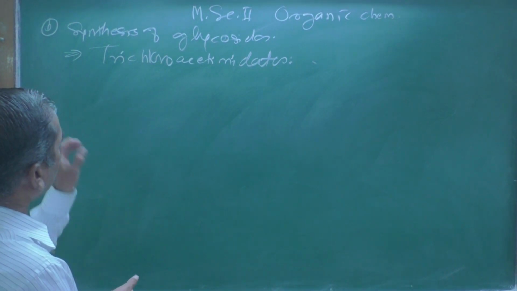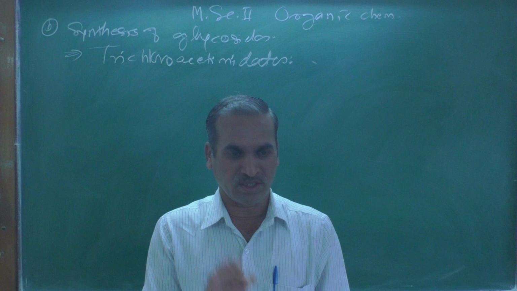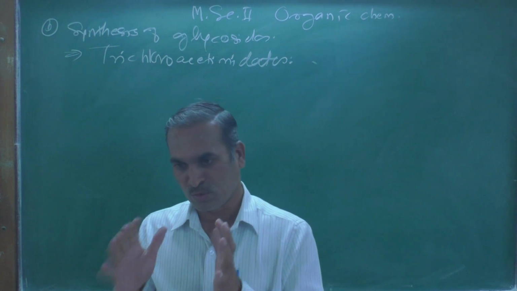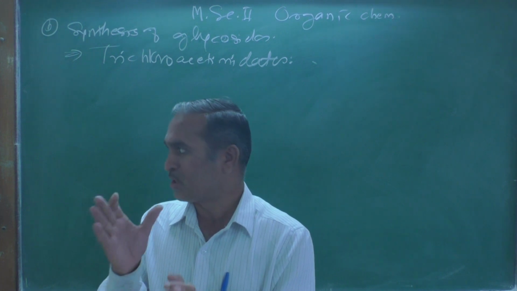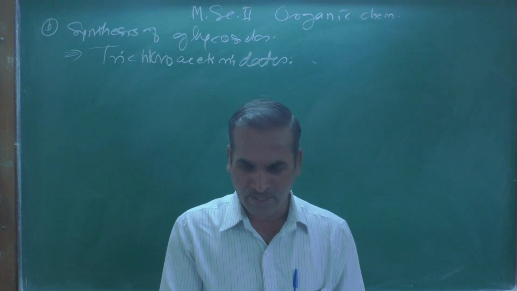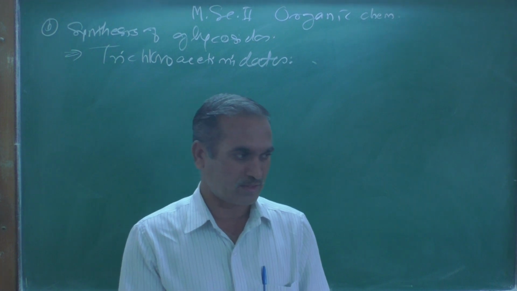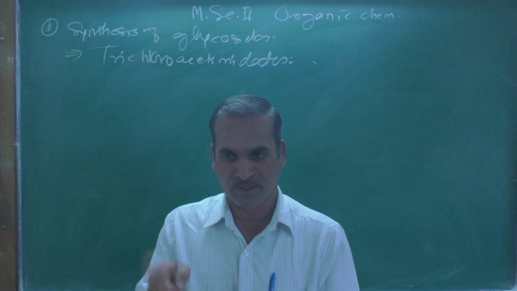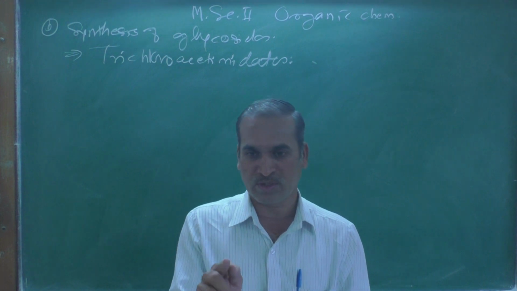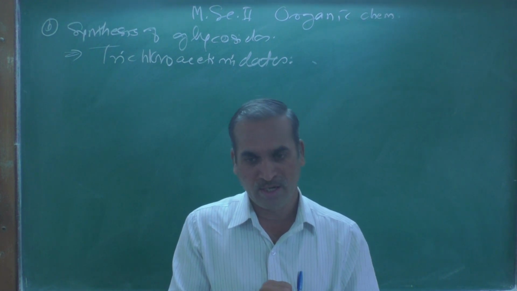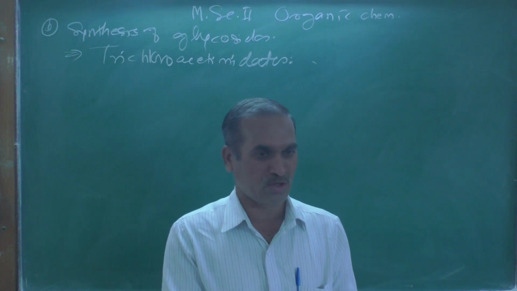So what is that? The trichloroacetamidates. As we know, trichloroacetamidate at an anomeric hydroxyl group gives very selective anomeric control. The anomeric carbon atom we can refer to as carbon number 1, but in some books they refer to it differently; the heterocyclic is always considered as 1 here.